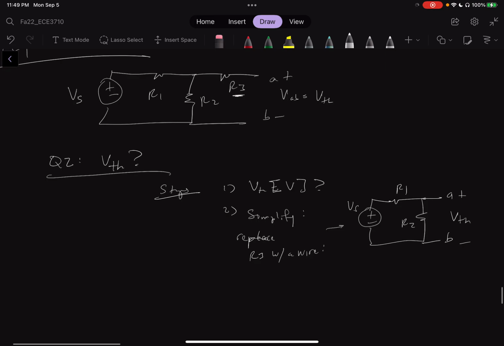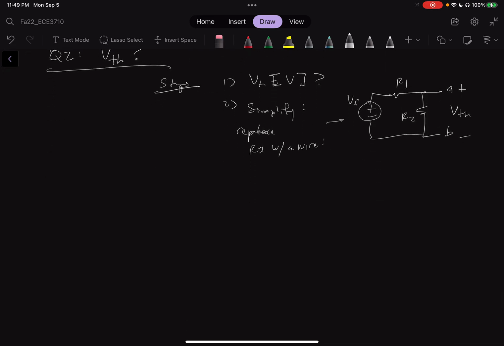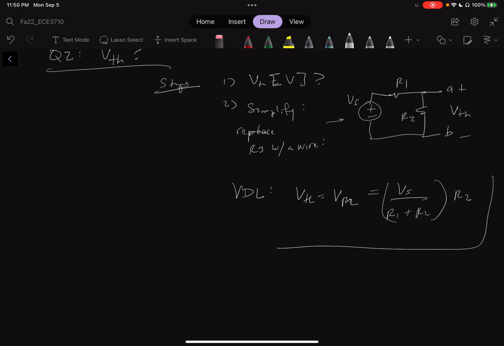How do you find Vth Thevenin? You use voltage divider law, because Vth Thevenin is equal to VR2, which is equal to Vs divided by R1 plus R2 times R2. So I just want to point out, in that problem, if you were asked to solve for Vth Thevenin first, you could get it this way.